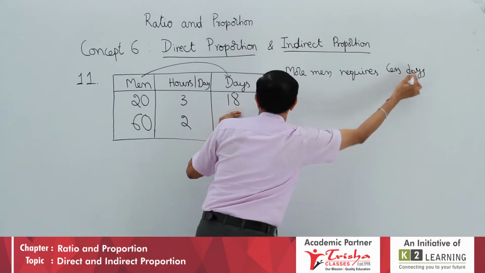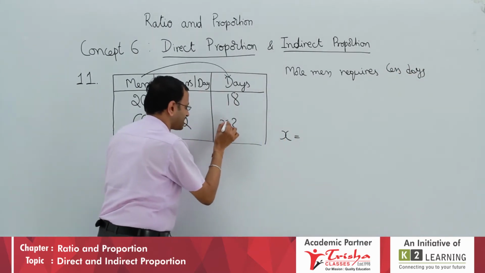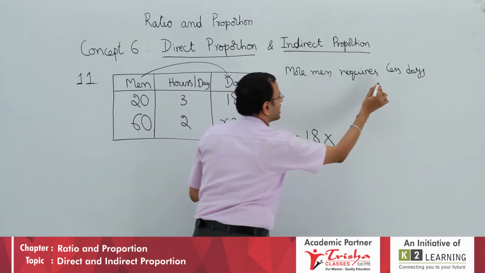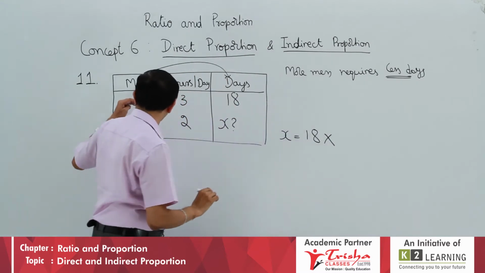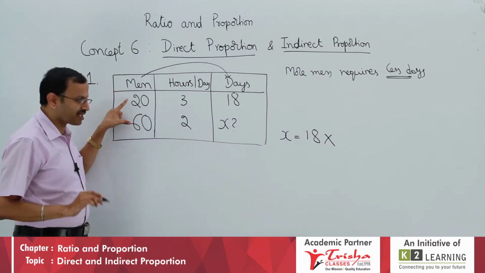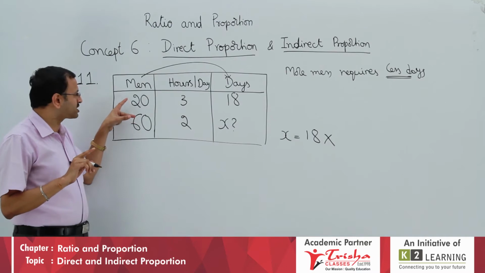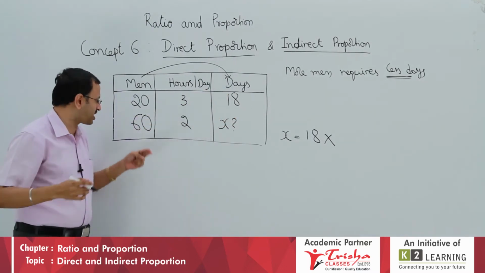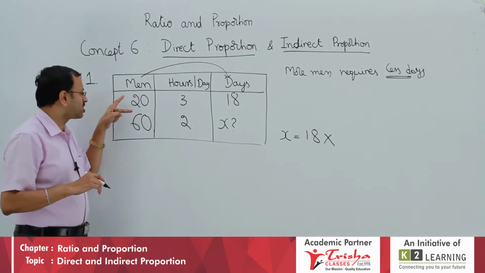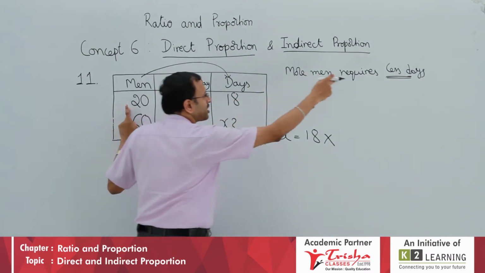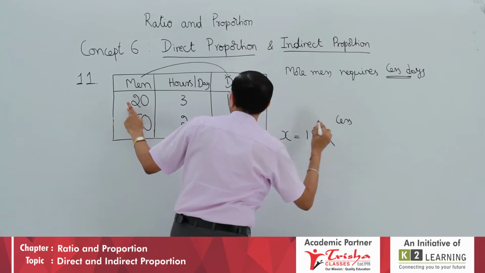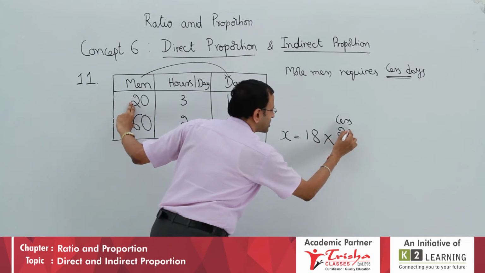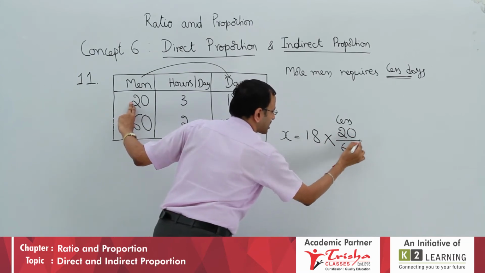Like the last problem, we will take x opposite the number 18 and underline less days. So how do you make this less? I told you, more means the bigger number in the numerator. If your answer was to be less, which is less in these two? 20 is less. So, more men require less days. Tell me, 20 and 60, which is less? Definitely 20 is less, so 20 by 60.